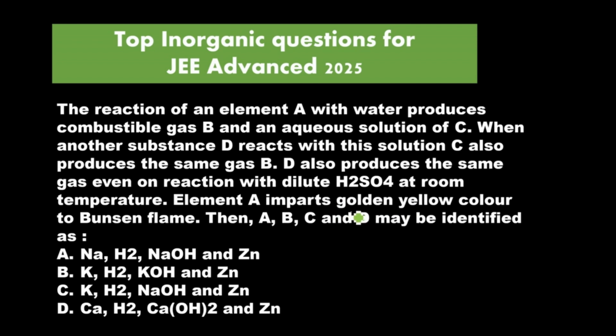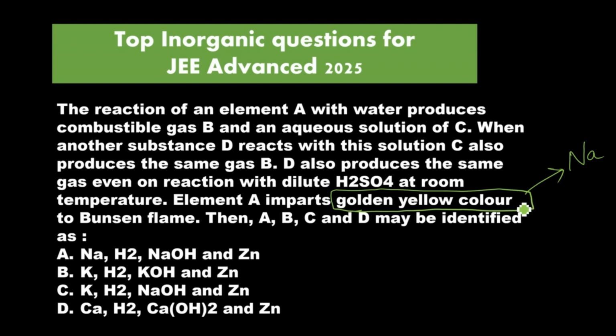And the clue point over here is element A imparts golden yellow color to the Bunsen flame. So I already told you golden yellow color is for sodium. We saw lilac color is for potassium, apple green is barium, and blue is for copper, and so on, right?